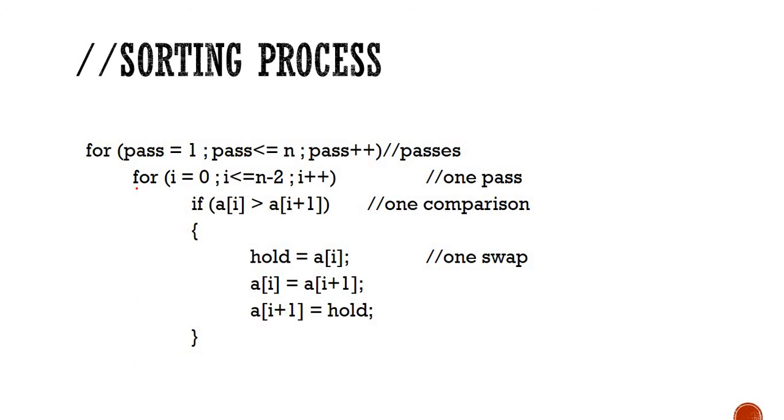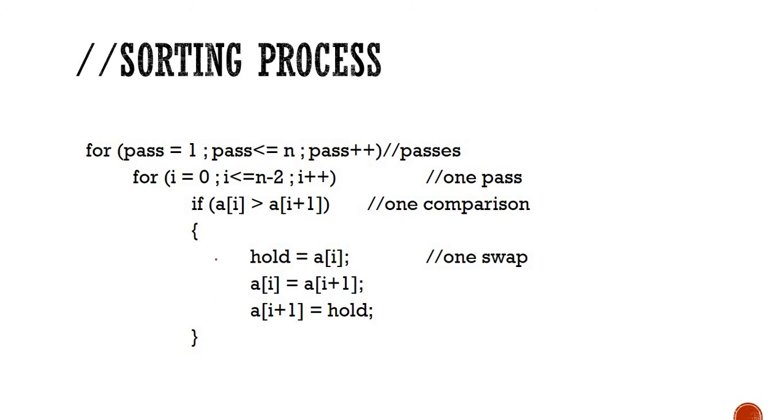The inner for loop is for the comparison between the adjacent elements, which must be completed depending on the list. If let's say you have n elements, for example 6 elements, you need to complete 5 comparisons. This is the swapping process.